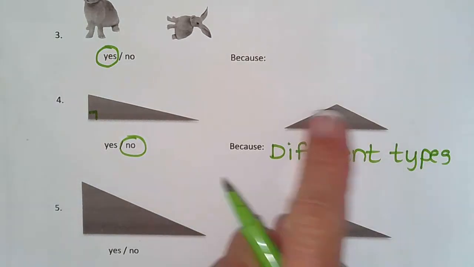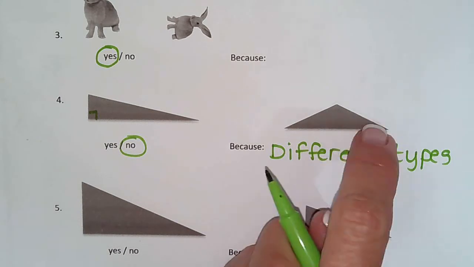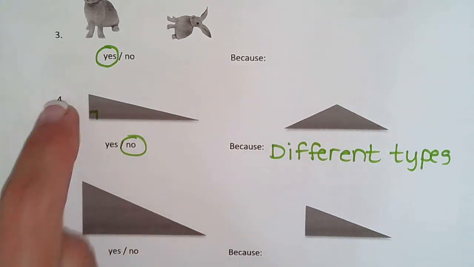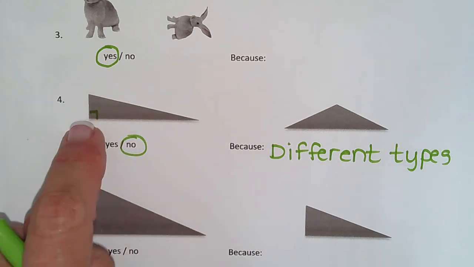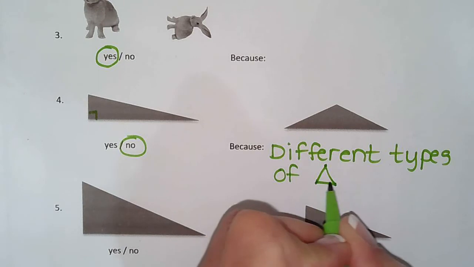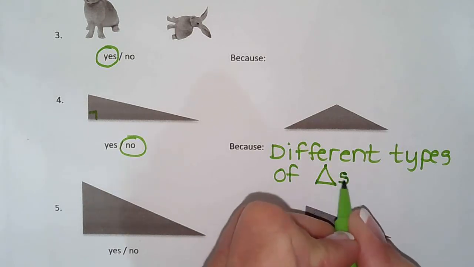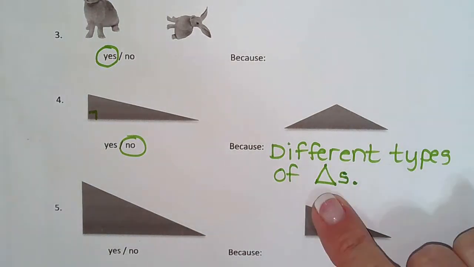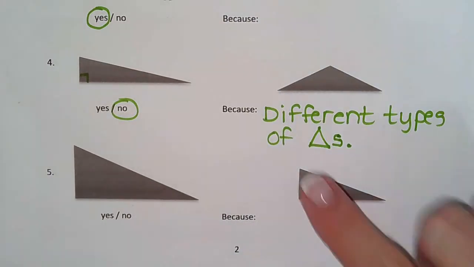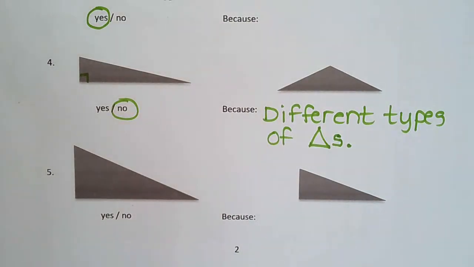So one appears to be an isosceles non-right triangle, and one appears to be a scalene, all sides different, right triangle. So they're different types of triangles. This is what I let my students in geometry write instead of triangle all the time because they had to write it so many times. Some of them even put the S inside the triangle. I thought that was kind of cool. So different types of triangles.